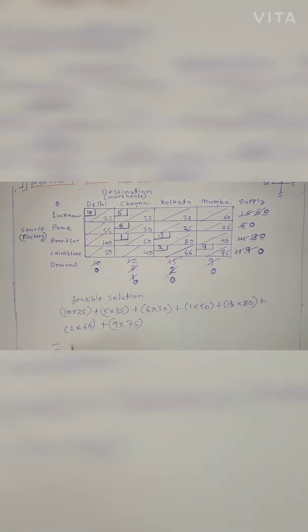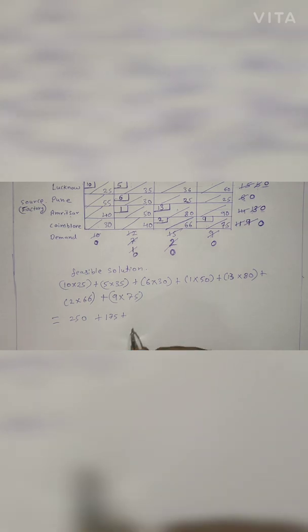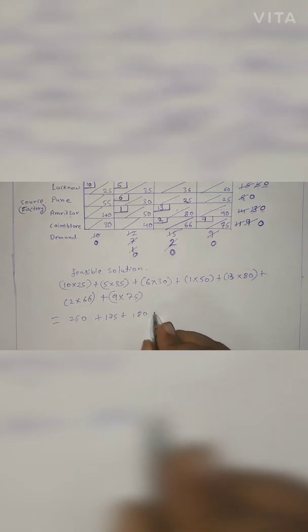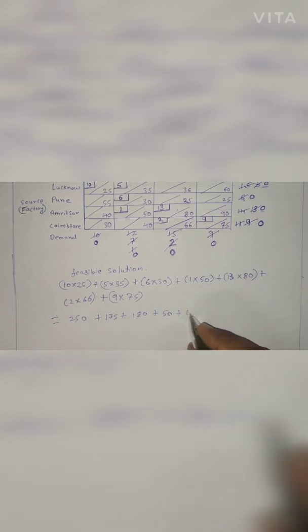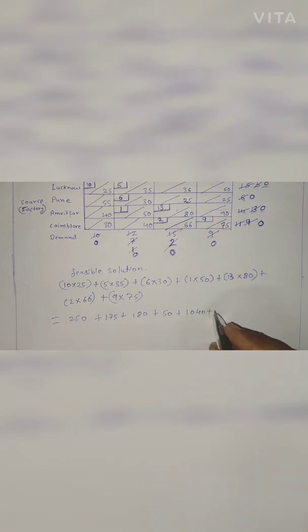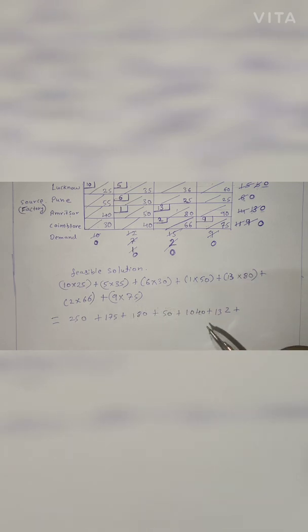You will get 250, plus 5 into 35, you will get 175, plus 6 into 30, you will get 180, plus 1 into 50, you will get 50, plus 13 into 80, you will get 1040, plus 2 into 66, you will get 132, plus 9 into 75, you will get 675.